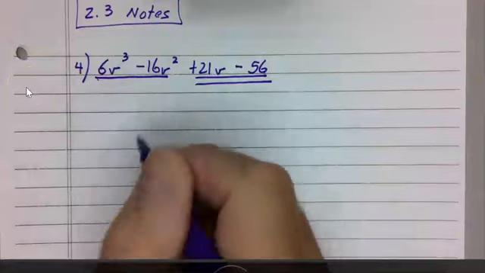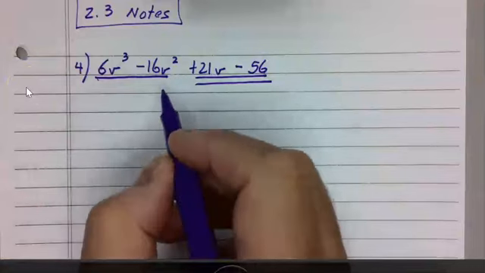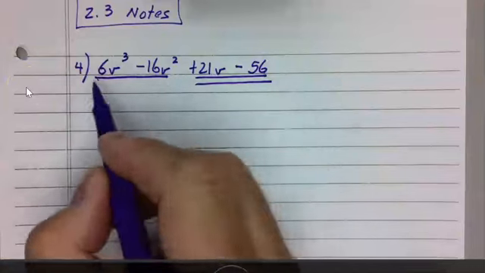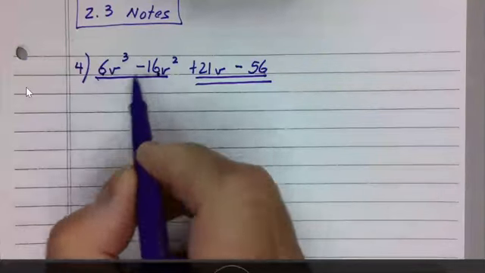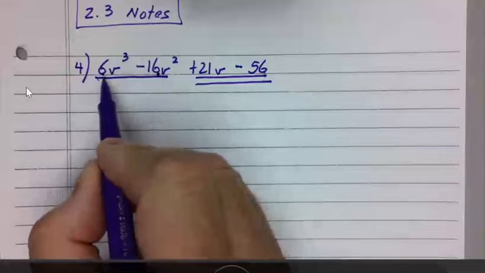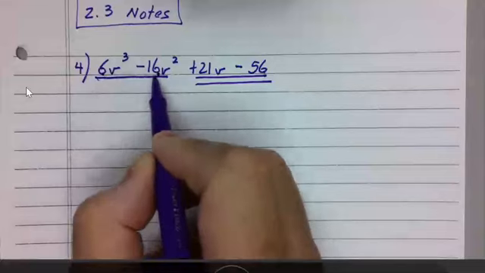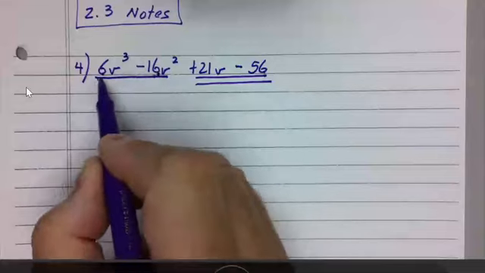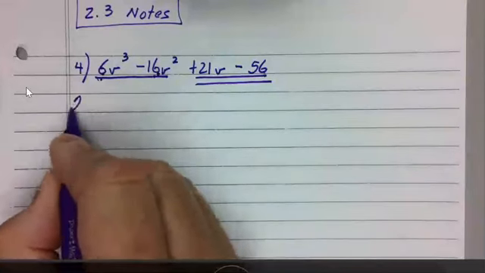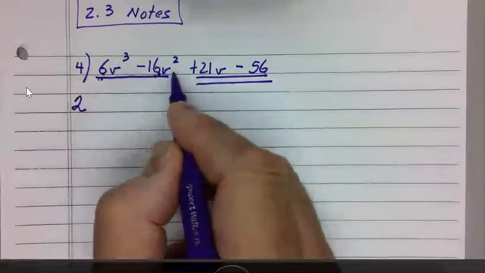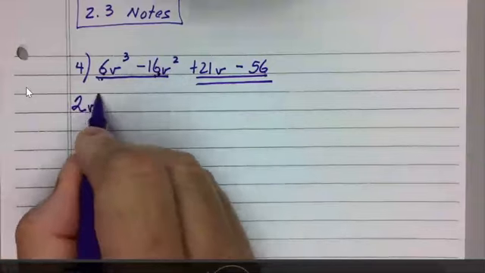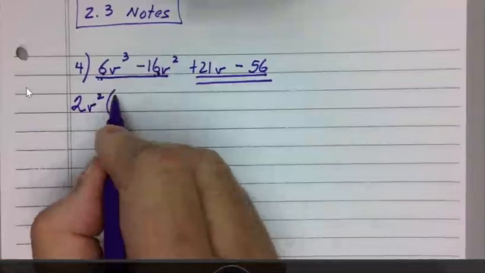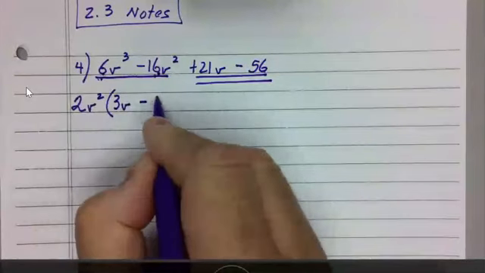What's the GCF? First, take the smallest number. Does 6 go into 16? Okay, what's the next biggest factor of 6? 3? Does 3 go into 16? Then the next factor is 2. So 2 goes into it. And then we have v cubed and v squared. Which one have I always told you to use? The smallest power, correct? So then that ends up giving me 3v minus 8.